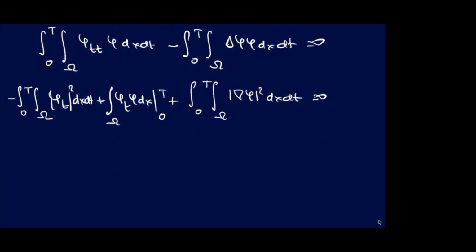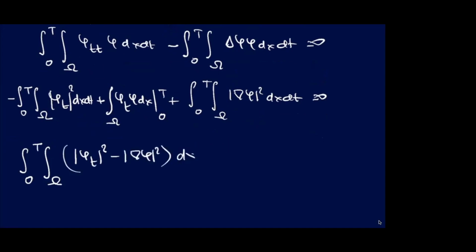Now, if you want, you can write it that way. You can say that the integral from 0 to T, integral over omega of phi t squared minus gradient phi squared is simply equal to the integral over omega of phi t phi dx from 0 to capital T. This is only the same computation written in a different manner.